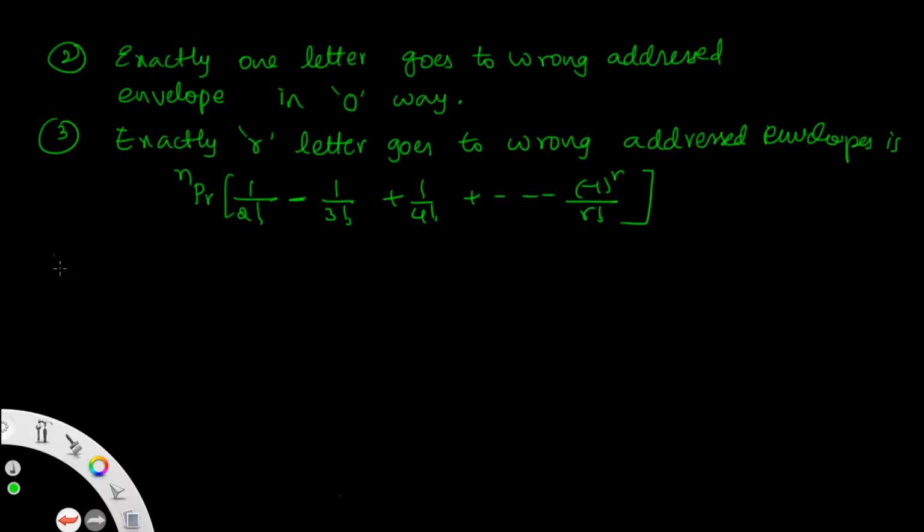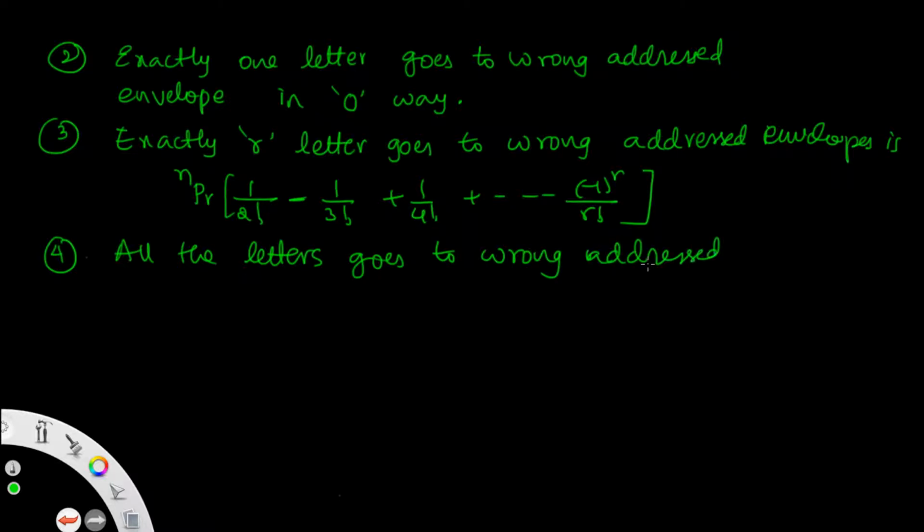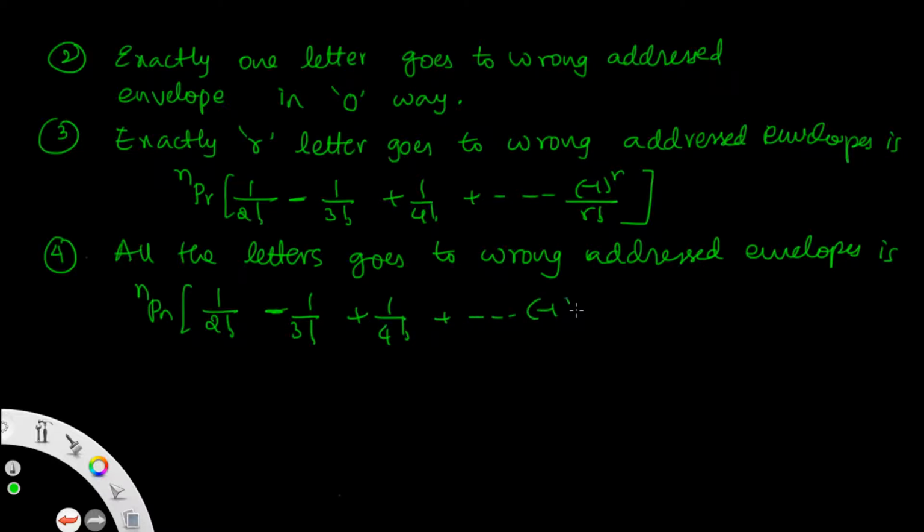And the last one is all the letters go to wrong addressed envelopes, which is nPn into 1 by 2 factorial minus 1 by 3 factorial plus 1 by 4 factorial, and so on, minus 1 whole to the power of n by n factorial, which is nothing but the derangement of things.